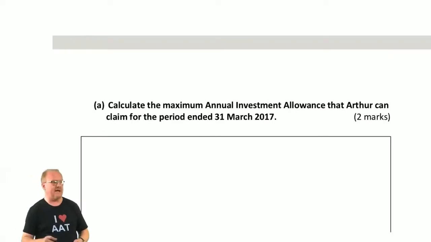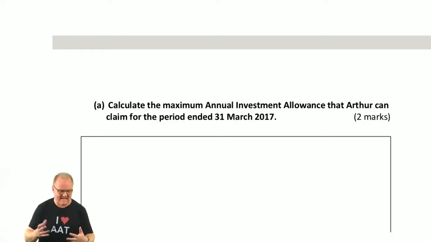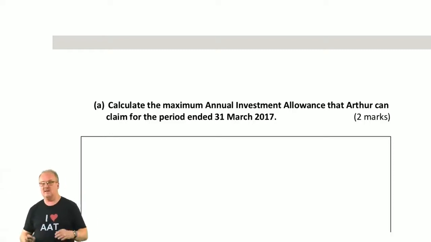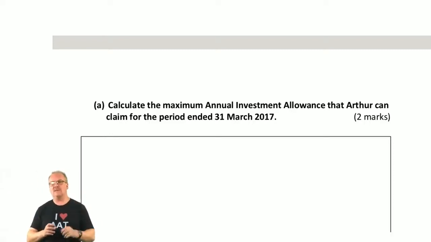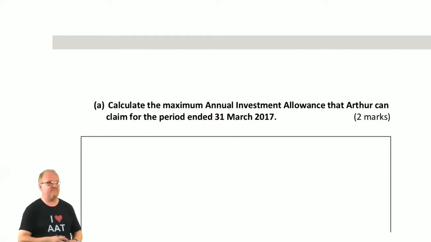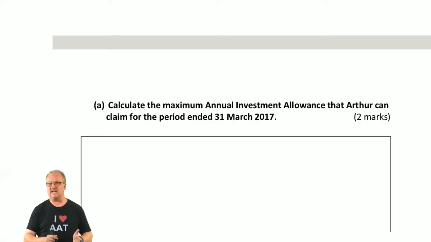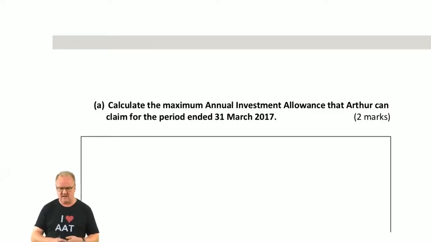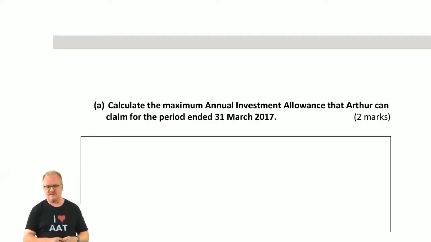Now I always find the best tactic when you're doing assessment questions is go and read the requirement first, understand what sort of thing it is about, and then go and read the information as necessary. So this first requirement, A, says calculate the maximum annual investment allowance that Arthur can claim for the period ended 31st of March 2017.